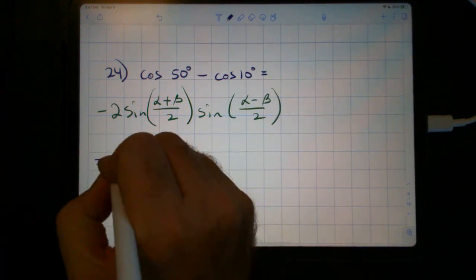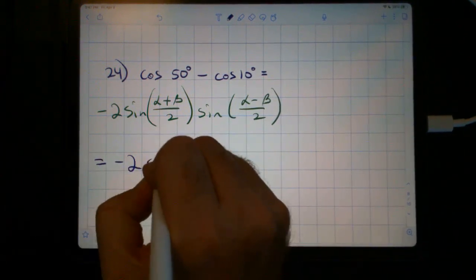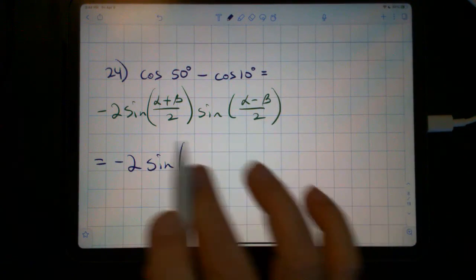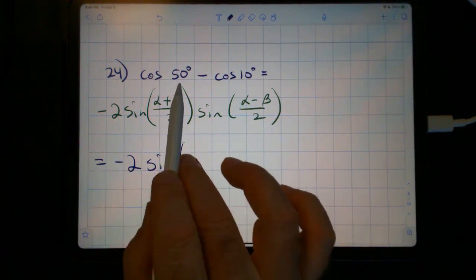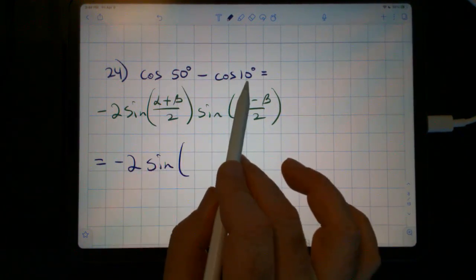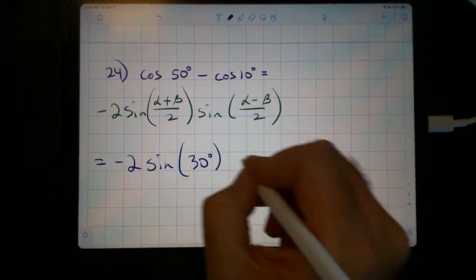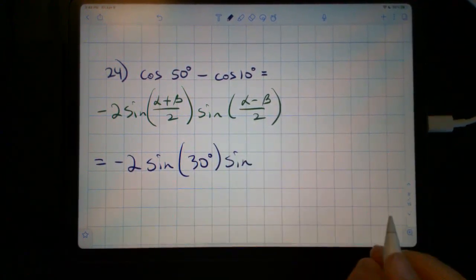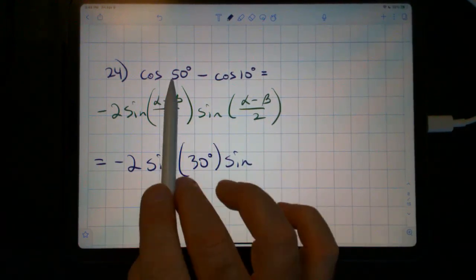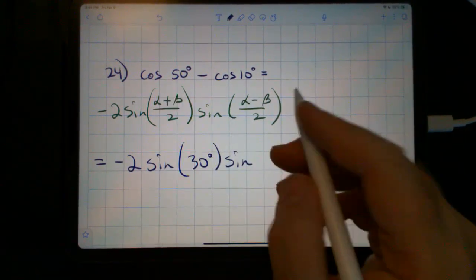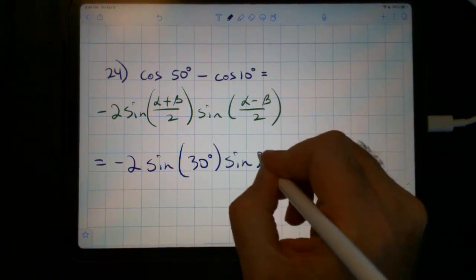So we have negative 2 times sine. So let's add them and divide it by 2. 50 plus 10 is 60. Divided by 2 is 30 degrees. Times sine. Then we're going to have the difference. So we have 50 minus 10, which is 40 over 2, which will give us 20 degrees.